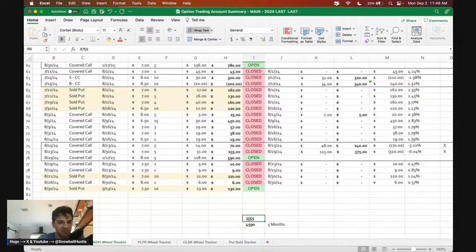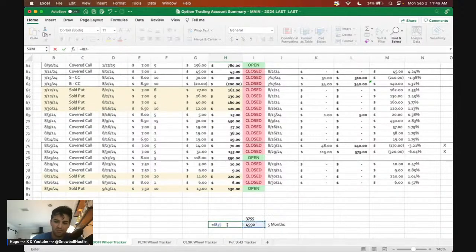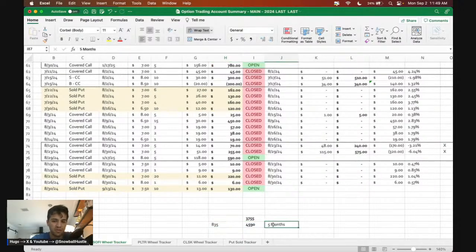Is it better to just leave them here or take $4,000 and redeploy them on puts sold or whatever your other strategies are? So the question is, for this extra $835 in 5 months, what return is that, and is that sufficient for me?